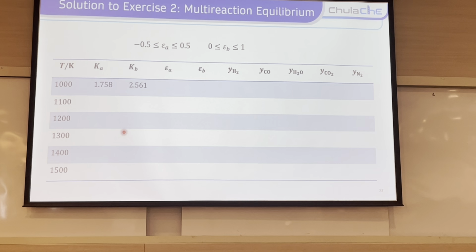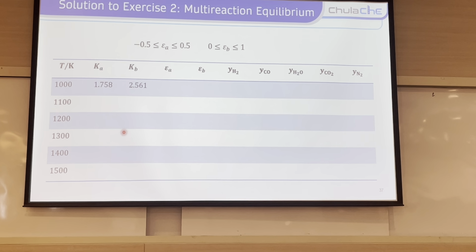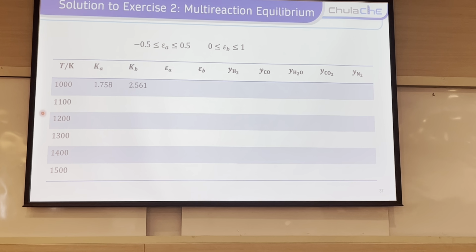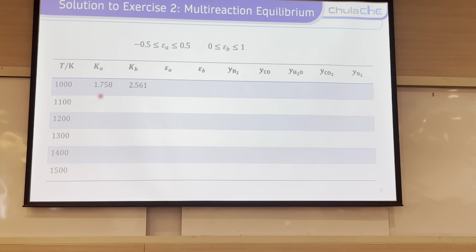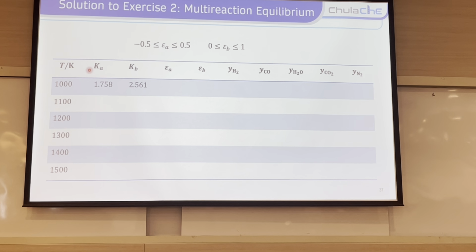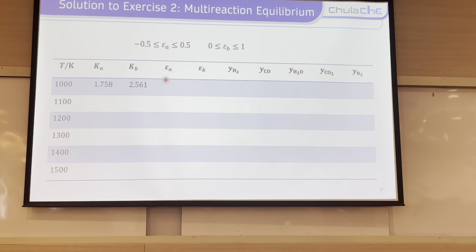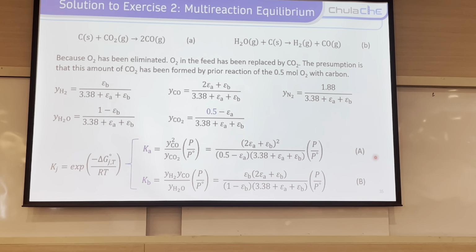If you look at the spreadsheet that I provided for you, in order to solve this exercise, you can set up the table like this. We have different temperatures, but at the specified temperature, you can determine the equilibrium constants of A and B. And you have two equations, A and B here.